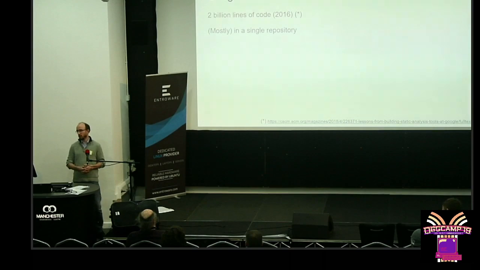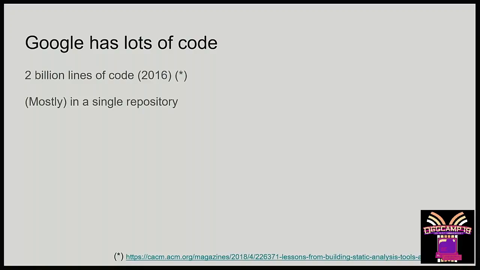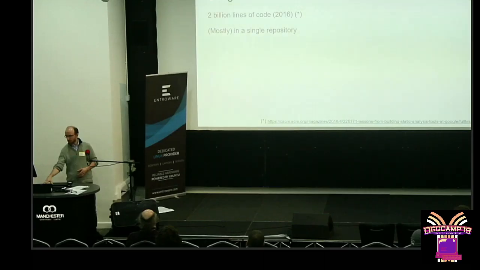So we've got lots of code at Google. In 2016, we had something like 2 billion lines of code, and that was mostly in a single monolithic repository. When you've got 2 billion lines of code, it goes without saying that it's really easy to find bugs.